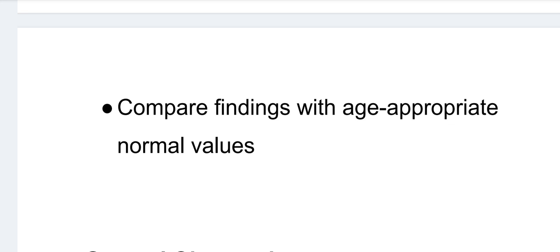Definitely a neonate is going to have a lot more respirations as compared to an adolescent. A neonate is going to have about 25 to 30 breaths per minute, but an adolescent is going to have somewhere around 20 breaths per minute. So as someone grows, some parameters also reduce. This is what we mean by comparing findings with age-appropriate normal values.